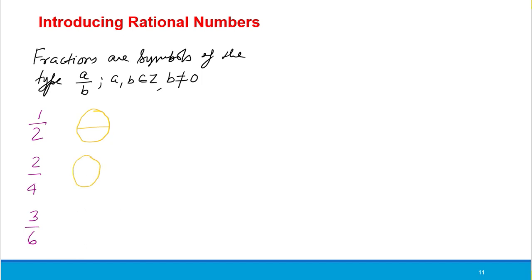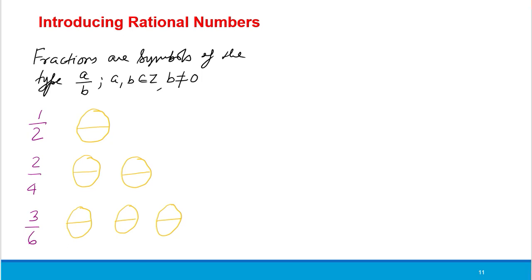Here we have two braids and we have divided these two braids in four parts. And here we have three braids and we have divided them into six parts. So you can see that as fractions they are different, but eventually what we note is that the one part in each of the fractions is the same.